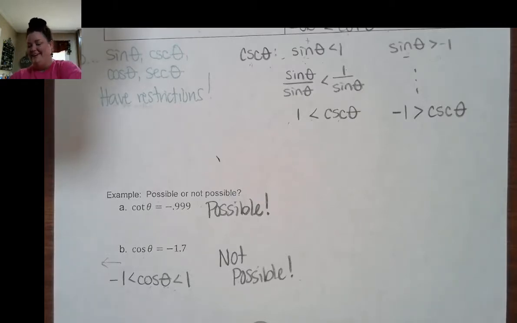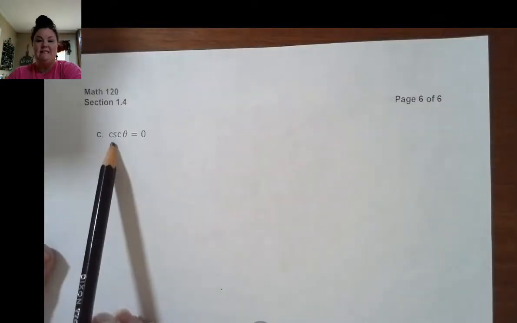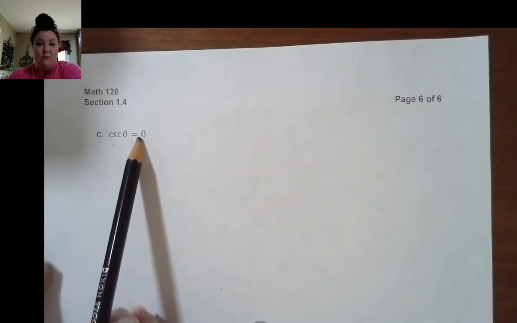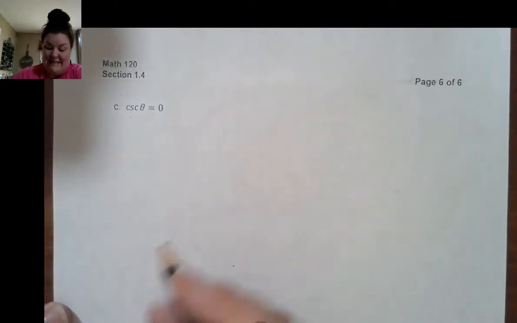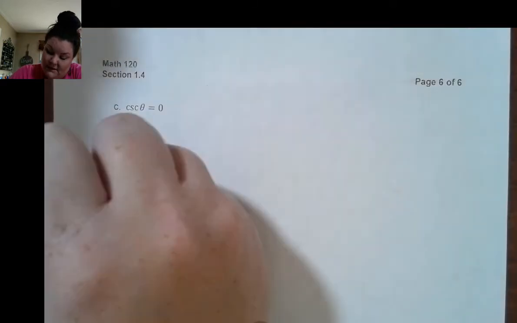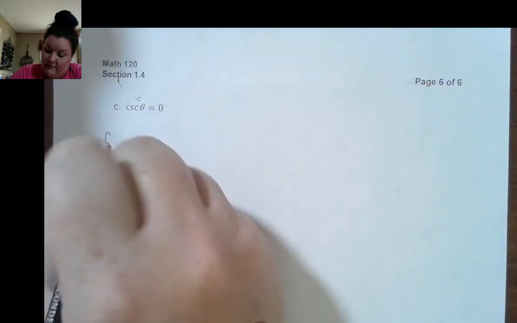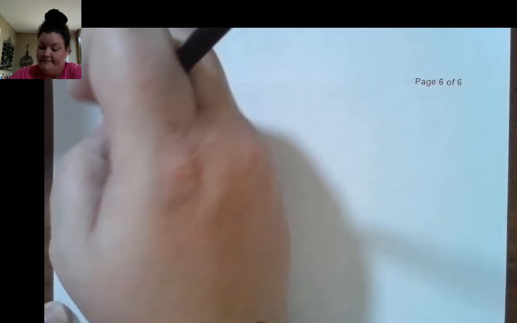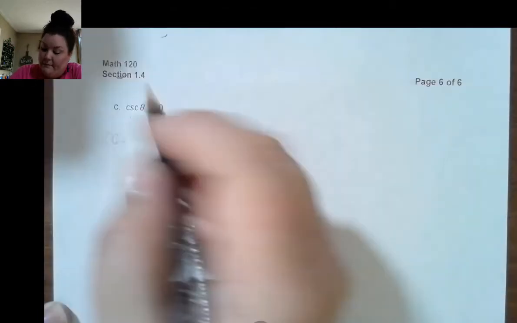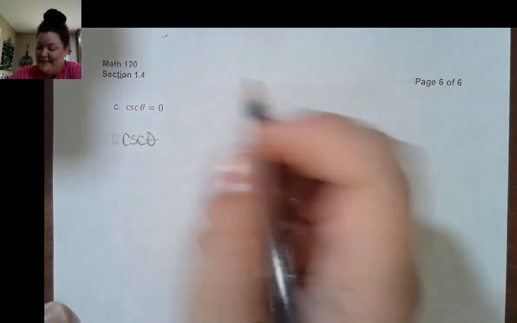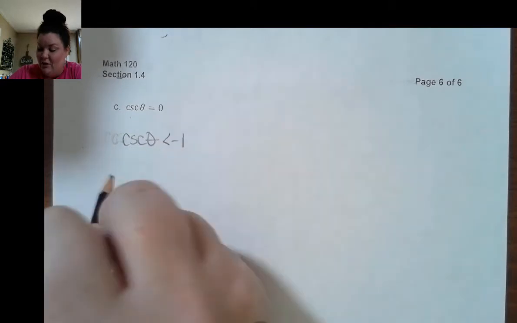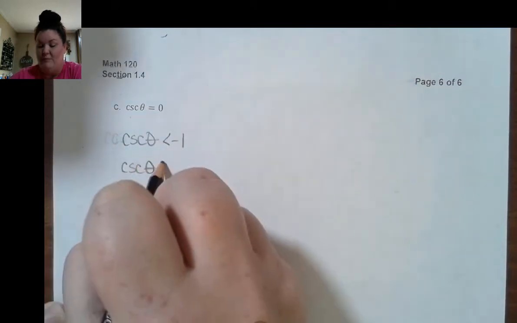Okay. All right. And then the very last one says, can cosecant be 0? Okay. So again, if you look back at your chart, cosecant, oh, that is not how you spell it. Oh my gosh. Cosecant theta, that's what I was working towards, has to be less than -1, or it has to be greater than +1, right?